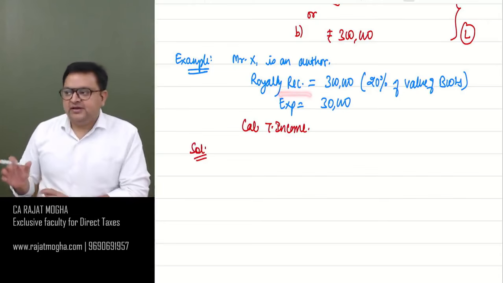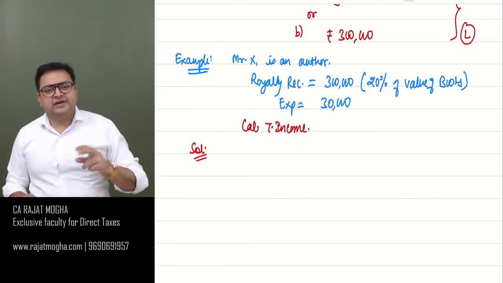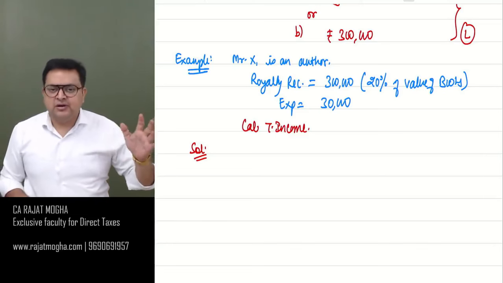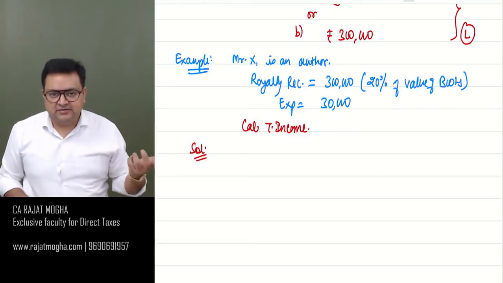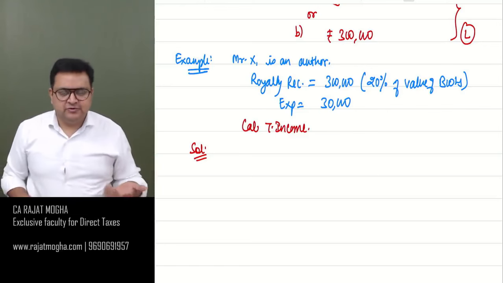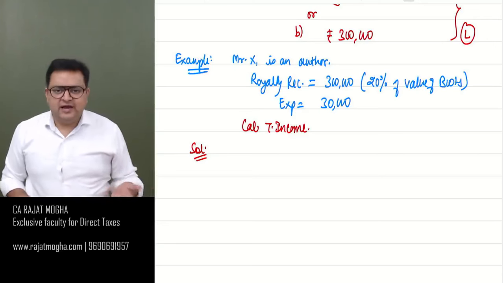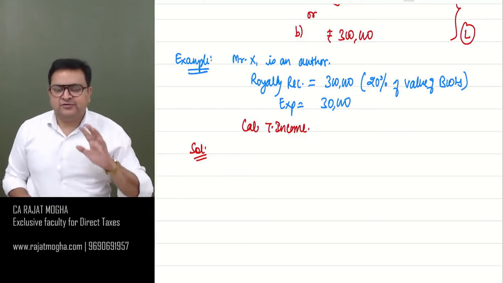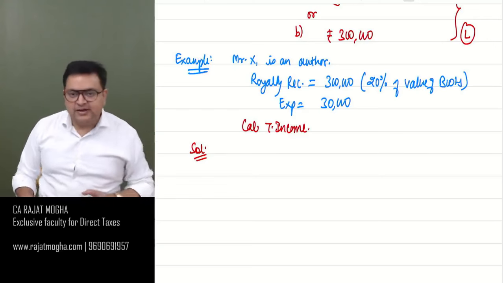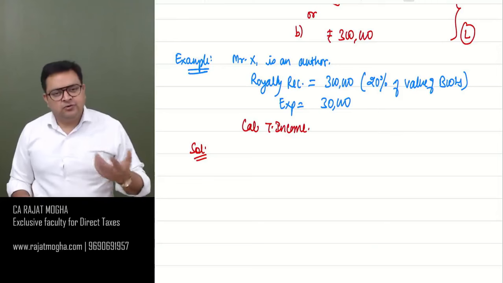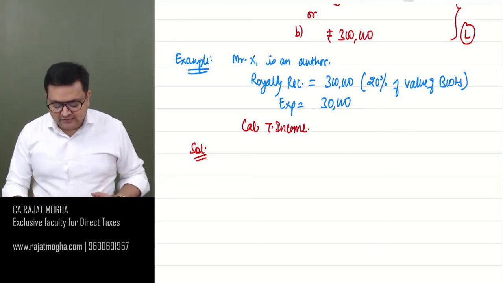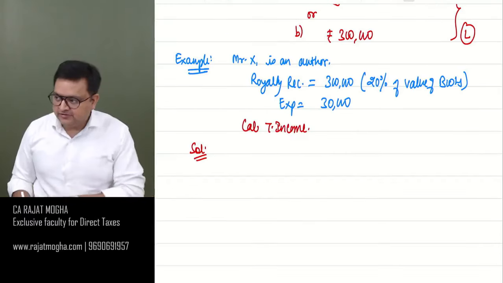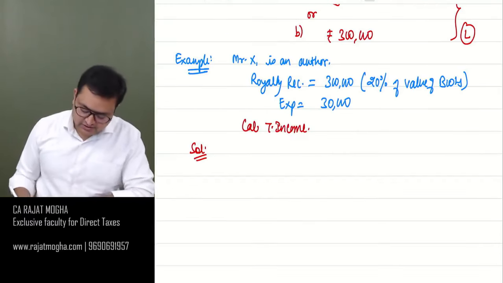See, royalty received you can take as PGBP also. Let's say this person is a seasoned author. He keeps on writing books. His main profession is that he is an author. So you can take it as PGBP, or you can even take it as IFOS income. That doesn't matter. In both PGBP and IFOS, expenses are allowed, so there is no problem.